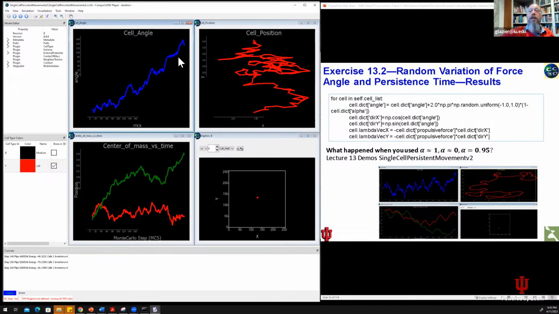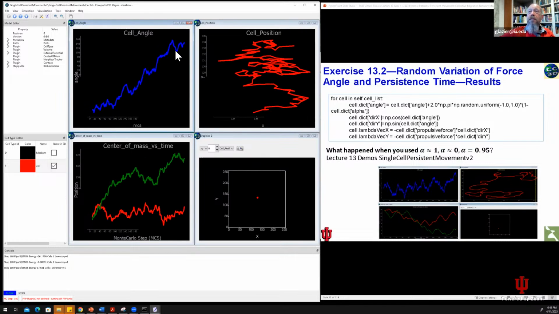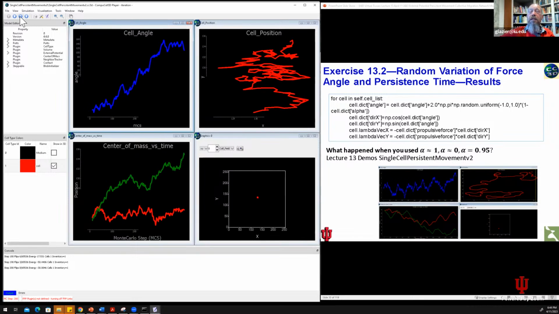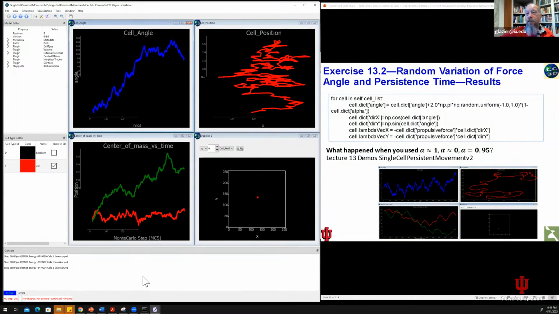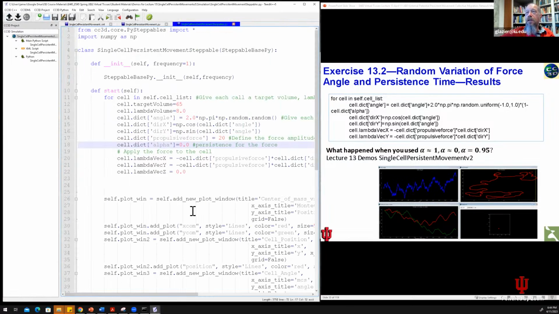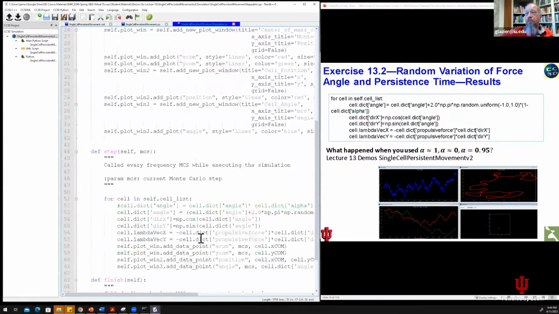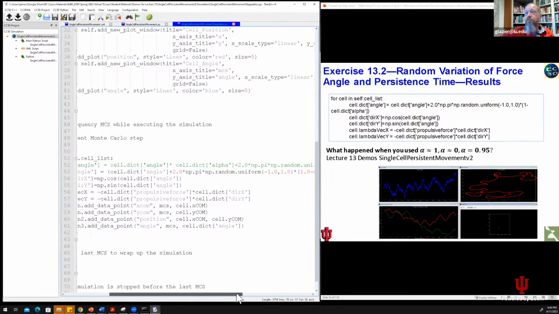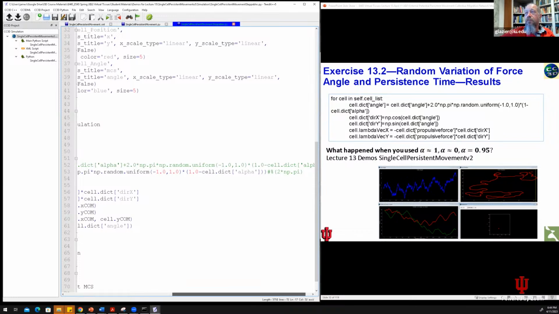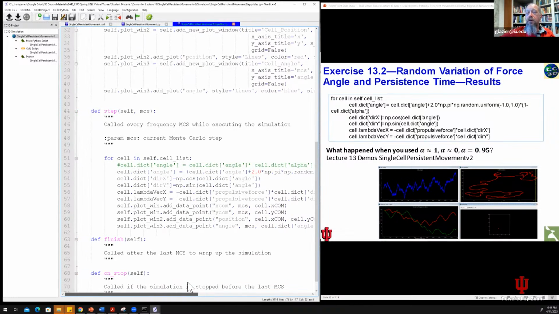Looks like the angle is actually increasing. And I think the version of this code that I have may not be quite what I have on the screen here, where I calculated the new angle. No, that should be correct. Yeah, that should be correct.